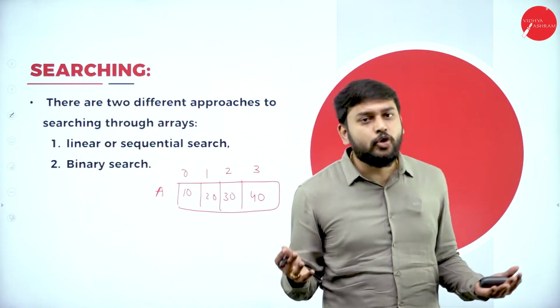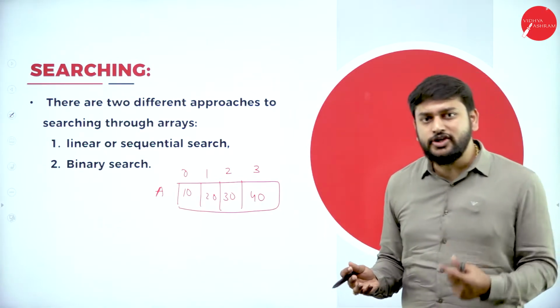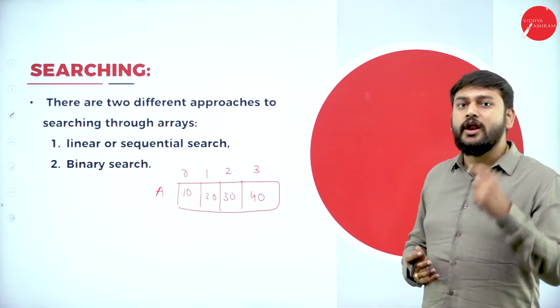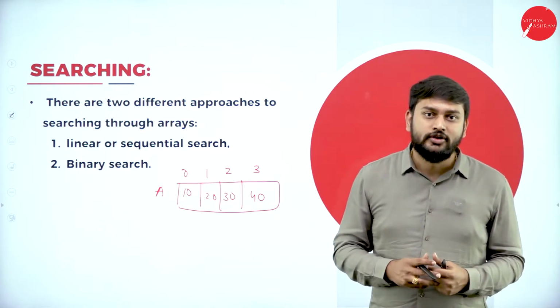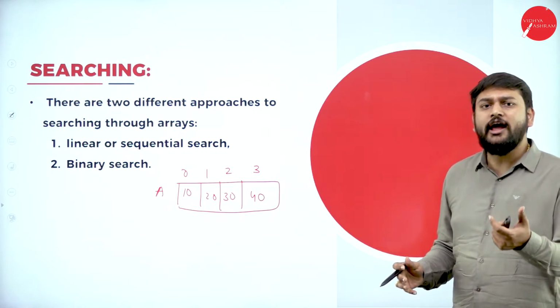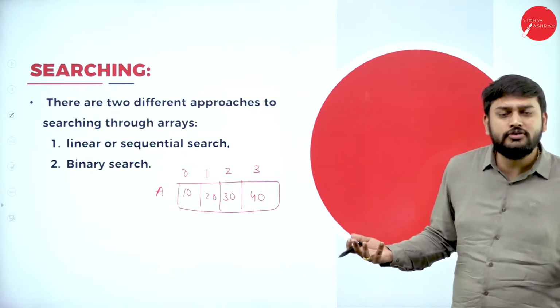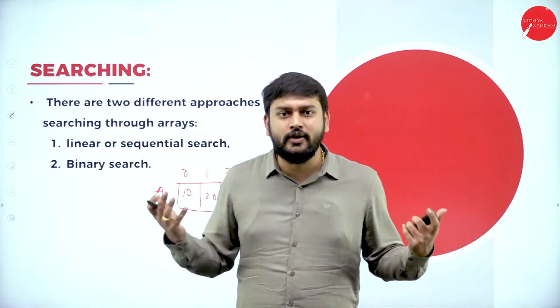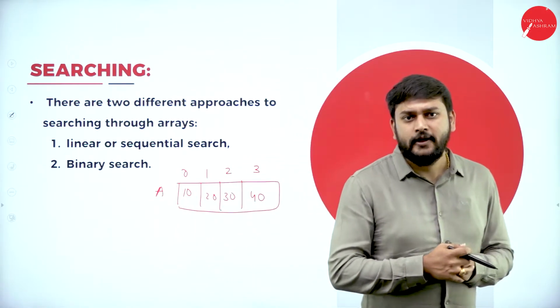So when I have more than one element, I need to search for one particular item. That process is what I will call searching. So I have 4 elements. Among these 4, do I have the item which I want? So the process of searching for a particular item is what I will call searching. So fine.